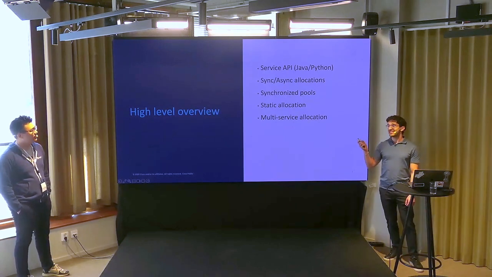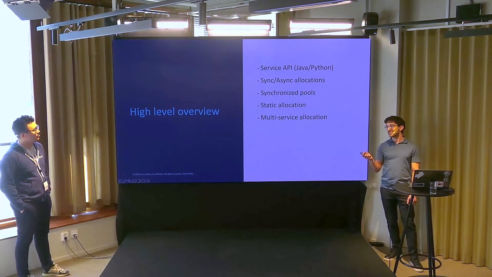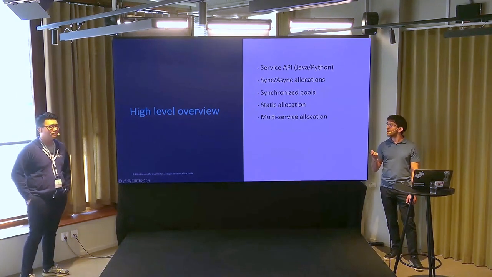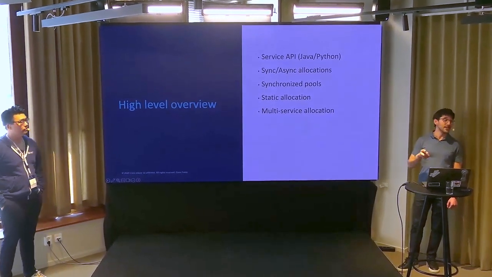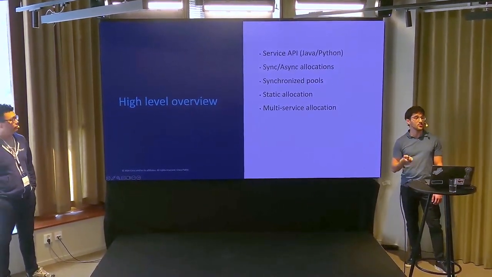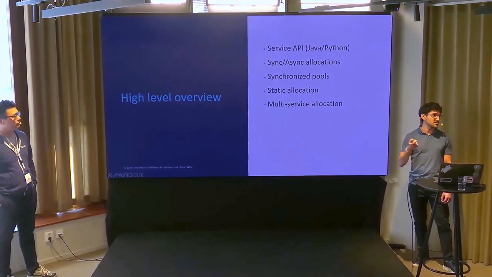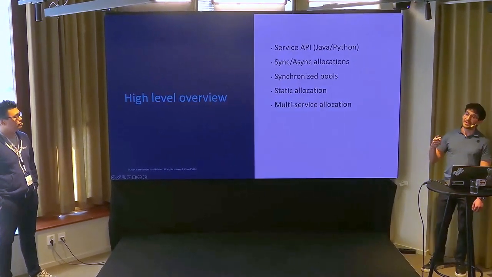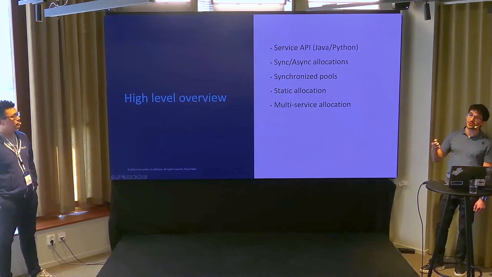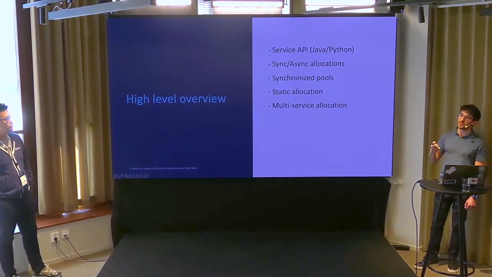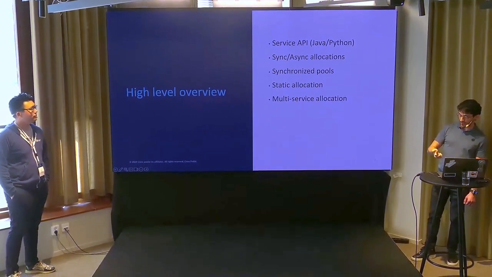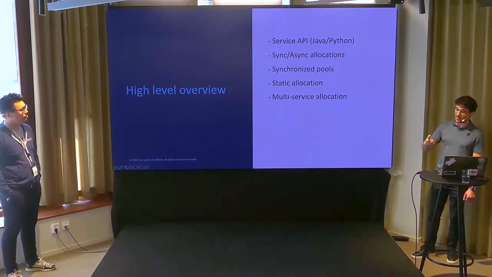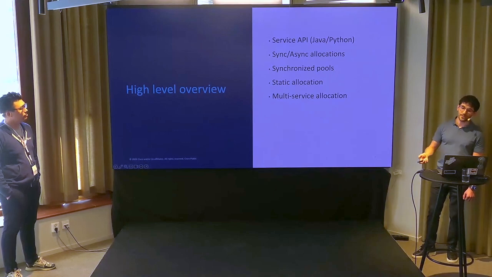The package is intended to be used by services, so it comes with service APIs for Python and Java. It allows for synchronous and asynchronous allocations. We're going to go through the details of those a little bit later in the presentation. It allows for synchronizing pools, so if you make an allocation in one pool and you want to synchronize that, then that allocation can be synchronized and added to other pools as well.